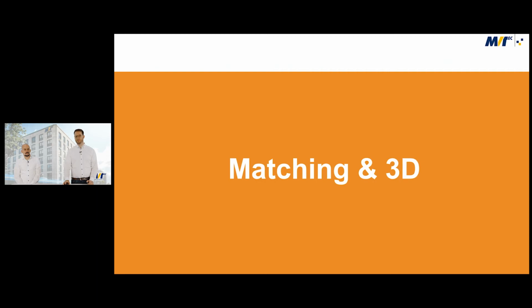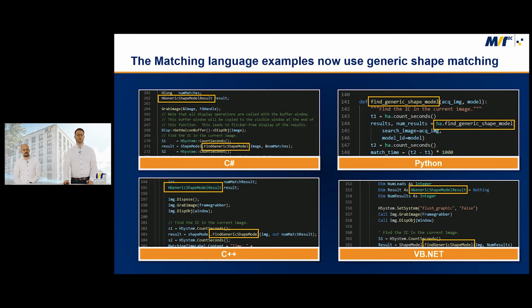Now let's have a look at matching and 3D. As Mario mentioned already, the matching language examples are now using generic shape matching. So if you check out the examples in C#, Python, C++, and so on, they now all use the generic shape matching interface.